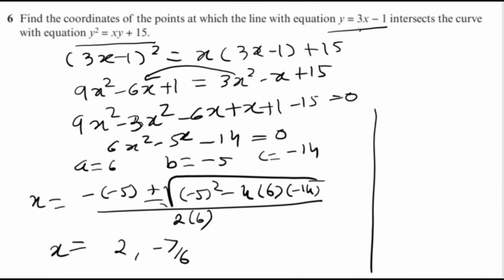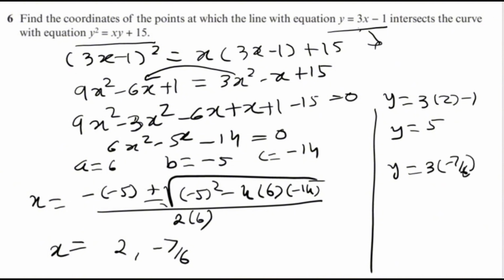Now we have to find the value of y. Put in this equation, that will be easy. So y is equal to 3 into 2 minus 1. That will give us 5. So first we are getting the value 5 and another value 3 into -7 over 6 minus 1.